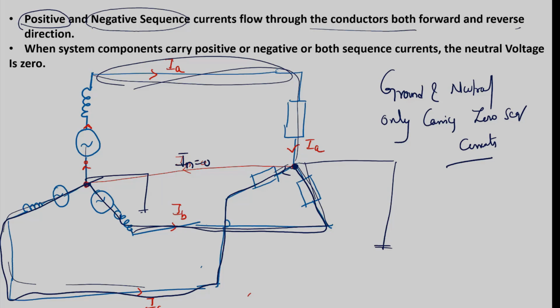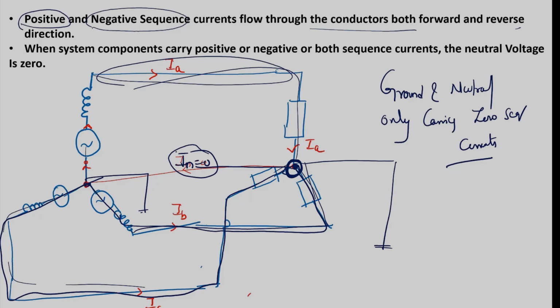So when the system is carrying positive sequence currents or negative sequence currents or the sum of both, whenever it carries balanced currents, the neutral current is zero.